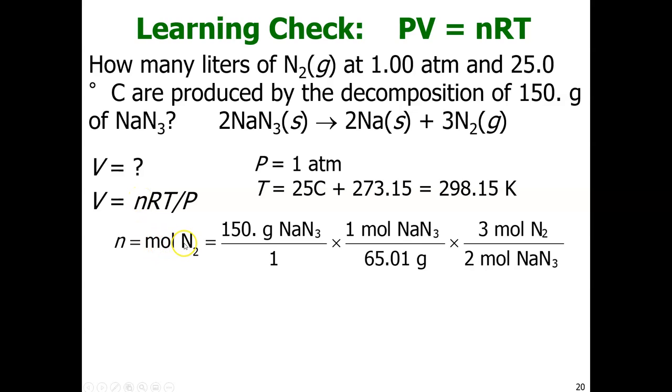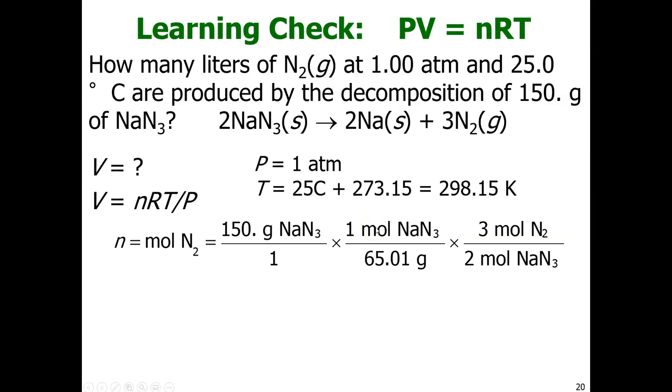I have 150 grams of NaN3, and I'm going to convert that to moles. Using stoichiometry, the molecular weight is 65.0 grams, so 65 grams is equal to 1 mole. That gets me from grams to moles.